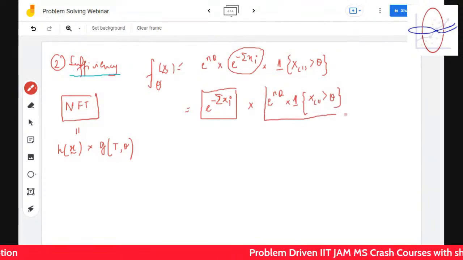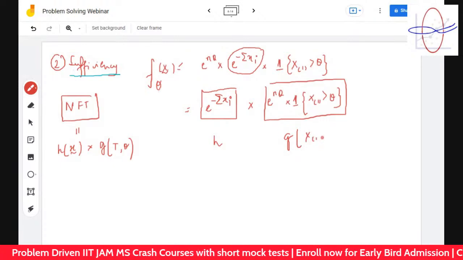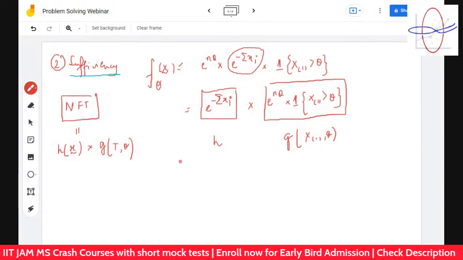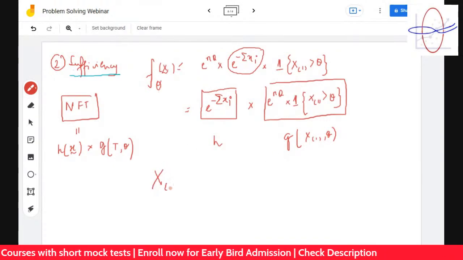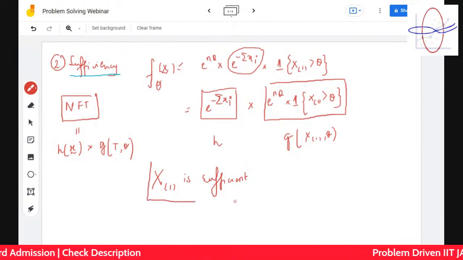You can understand that this is the h and this is the g of x1 and theta. From here by NFT we can say that x1 is also sufficient. Okay? This is what you've got.